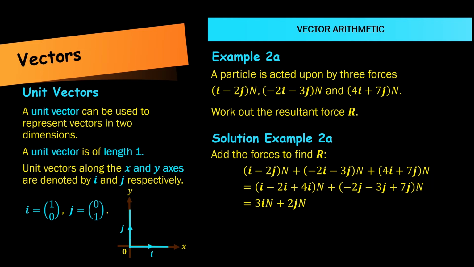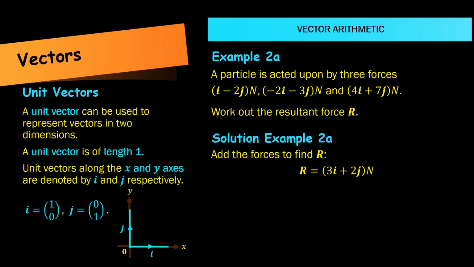And tidying up gives us 3i newtons plus 2j newtons. So the resultant force is 3i + 2j newtons. And the resultant force is as shown in the diagram.